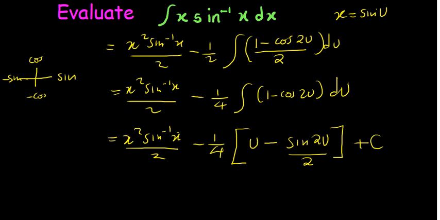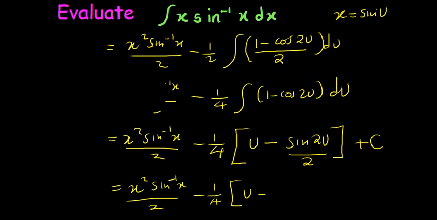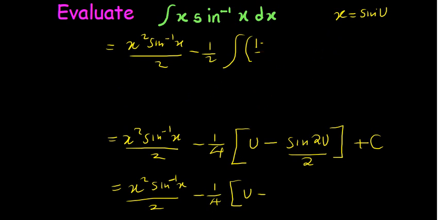Now we have got a combination of x and u. So all we are going to do is replace where there is u. We replace back x. So this is going to be equal to x squared sine inverse of x divided by 2 minus 1 over 4 u minus, now this double angle, I'm going to split it. What is sine 2u? Again, I just don't want to do it directly, for the sake of reminding if we've forgotten.